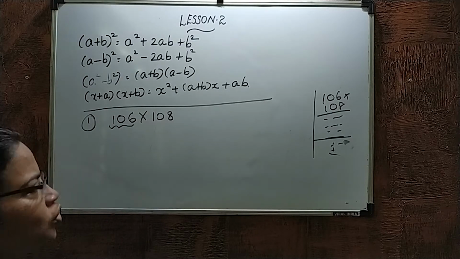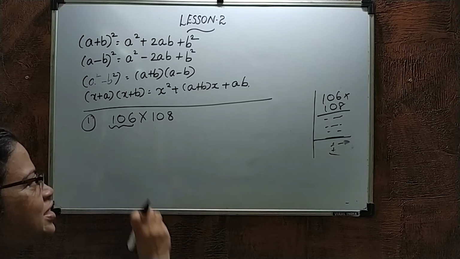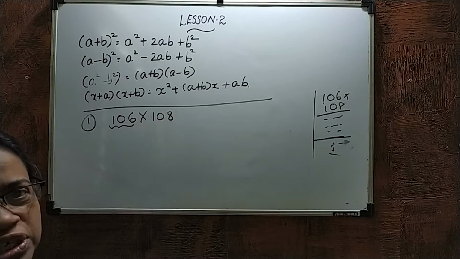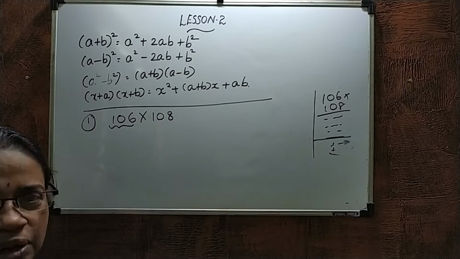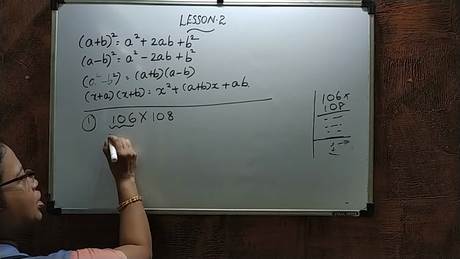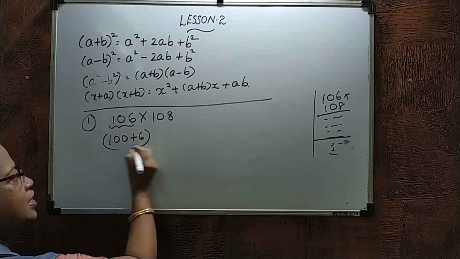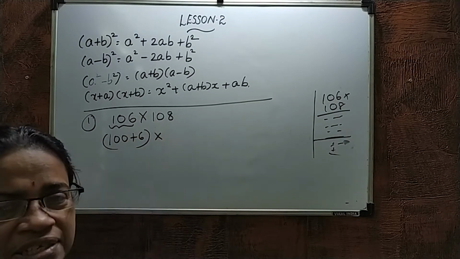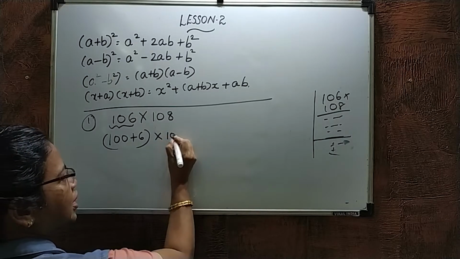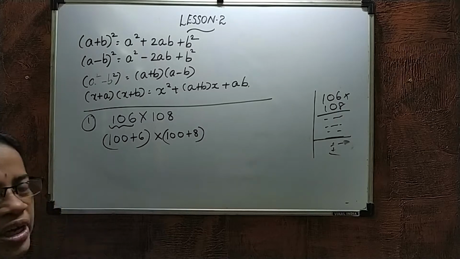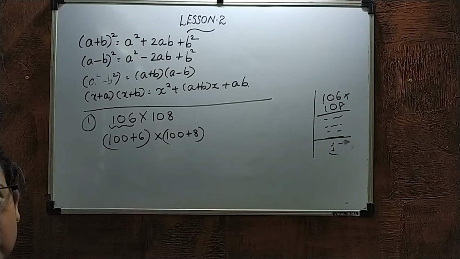Before using the identities, just split 106 and 108 in the easiest way. That means 106 can be written as 100 plus 6 and 108 can be written as 100 plus 8. Can you find any identity there?